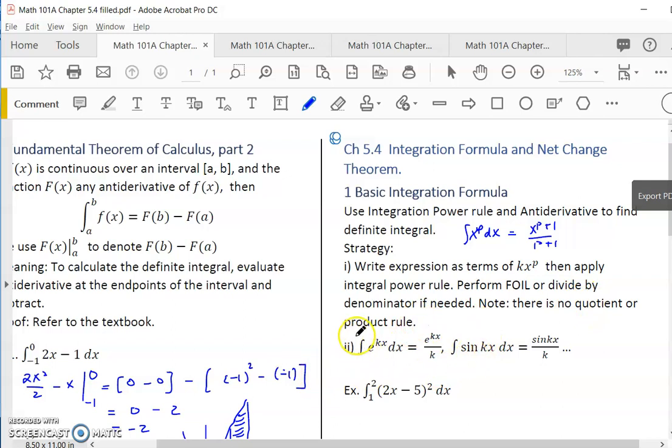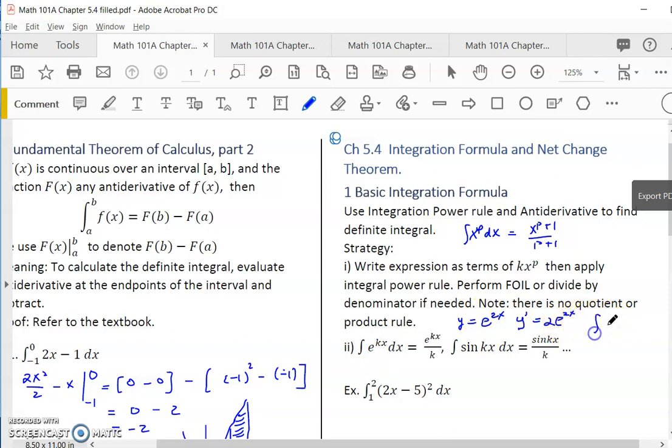The second and the third one are kind of a direct result of the chain rule. If y equals e to the 2x, and I do y prime, it is 2 times e to the 2x, because of the chain rule, since 2x is the inside function and e to the x is the outside function.